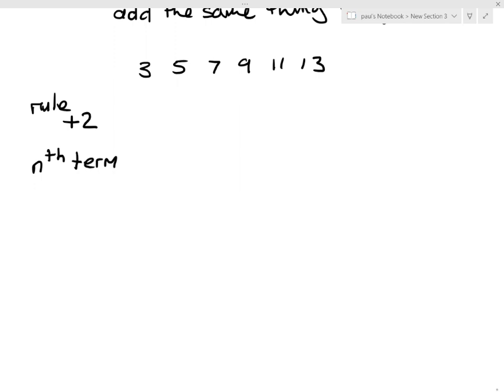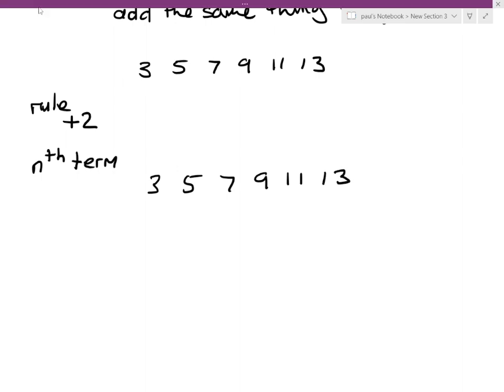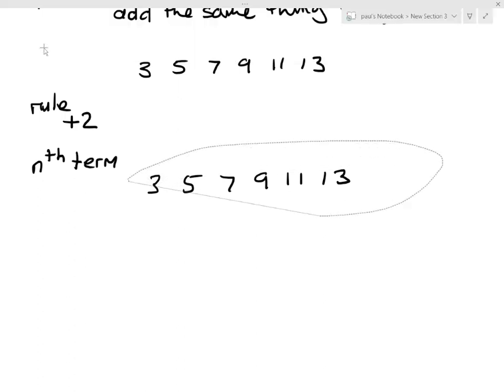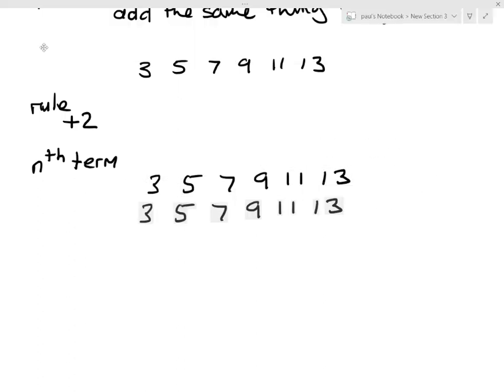If we know it's adding 2 every time, we can find the 100th number in the sequence by using what we call the nth term. So what we'll do with this set of numbers, 3, 5, 7, 9, 11 and 13, let's just move this down a little bit for you.